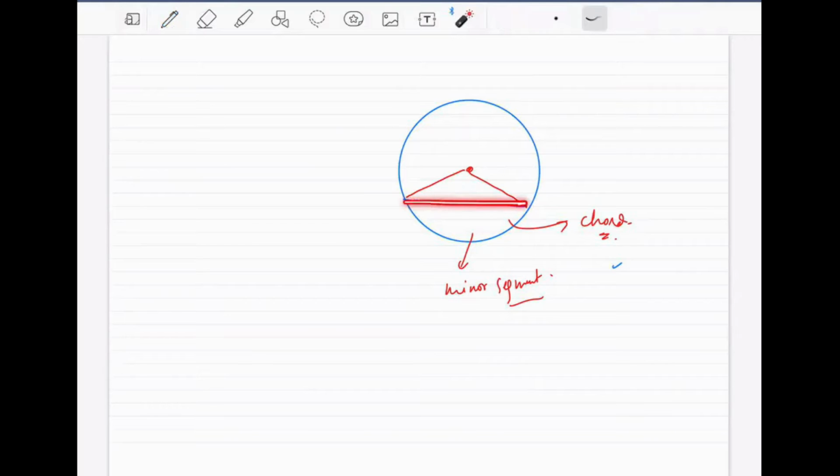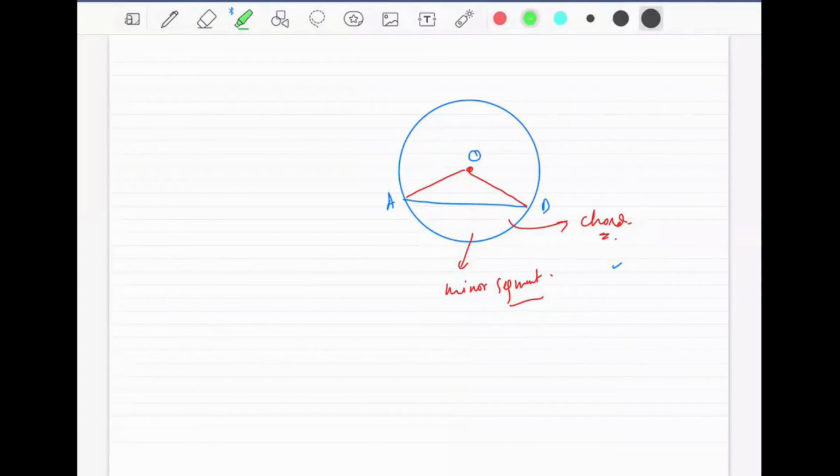So this line right here is the chord. And this whole portion right here, what is this called? This is called a sector, right? And these are the radii. Okay, O, A, B.